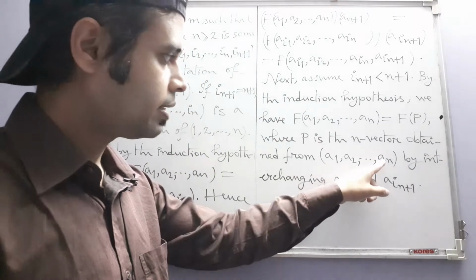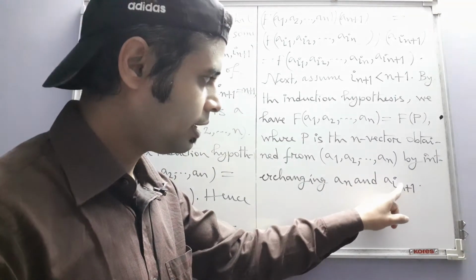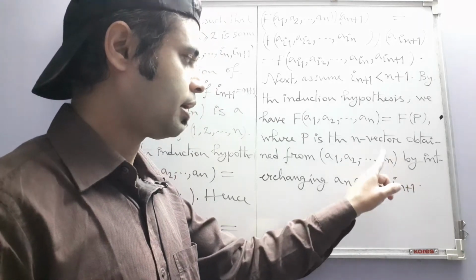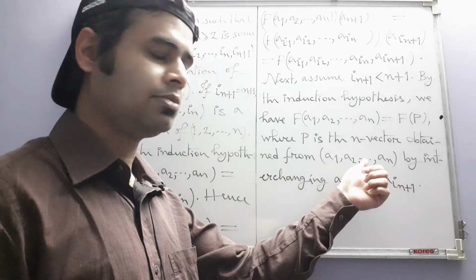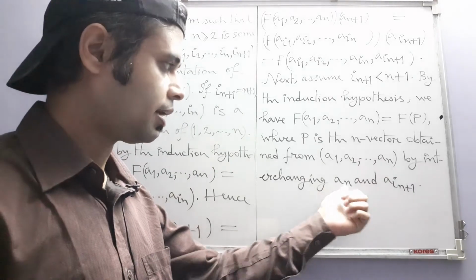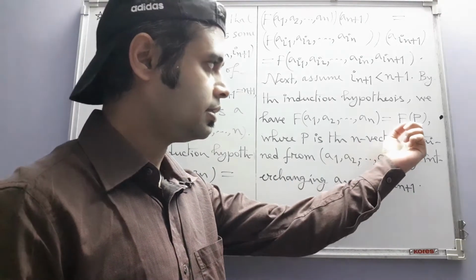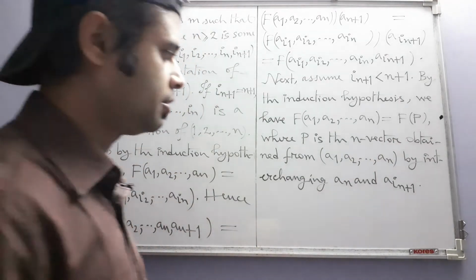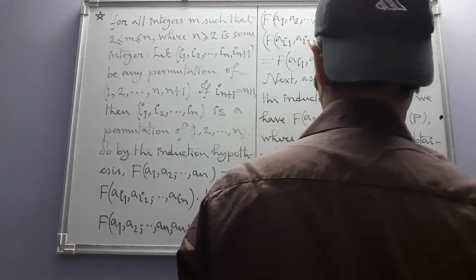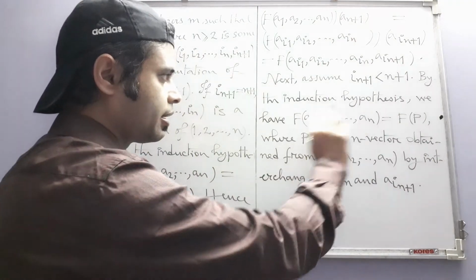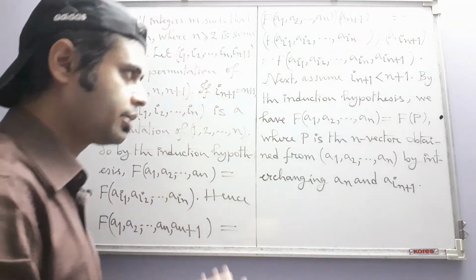So now in place of a_n we have a_{i_{n+1}}, and in place of a_{i_{n+1}}, which is somewhere inside, we have a_n, and that n tuple or n vector is P. Okay, and these two things are equal by the induction hypothesis.